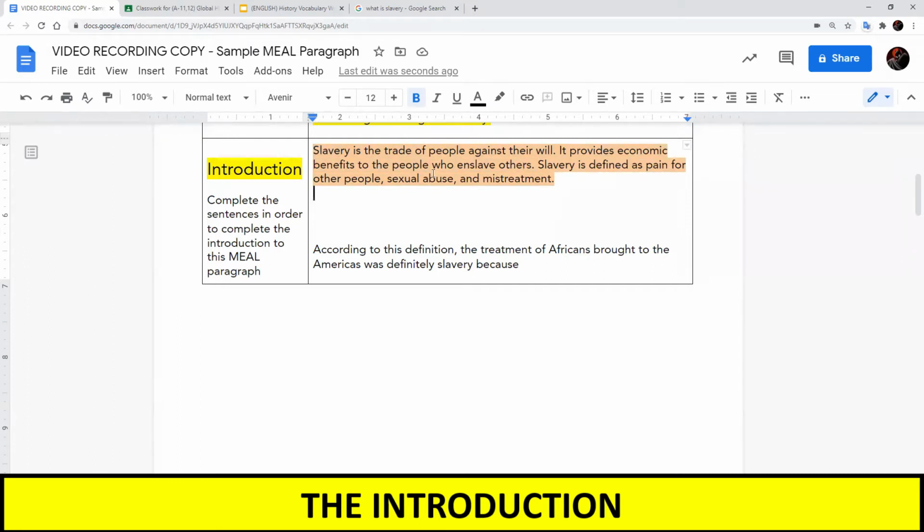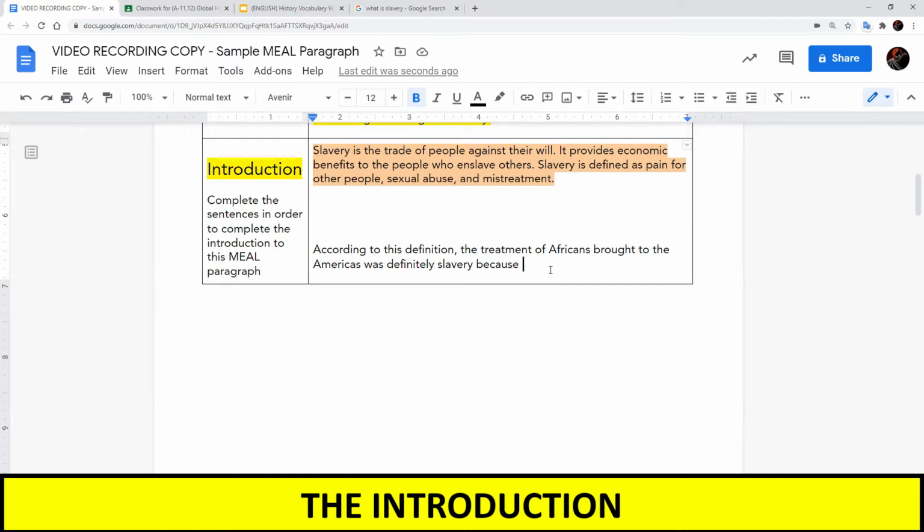In this definition, it's talking about people taken against their will. It talks about economic benefits. It talks about different types of abuse. So I think if you wrote an explanation there that's connected to that, that's fine.